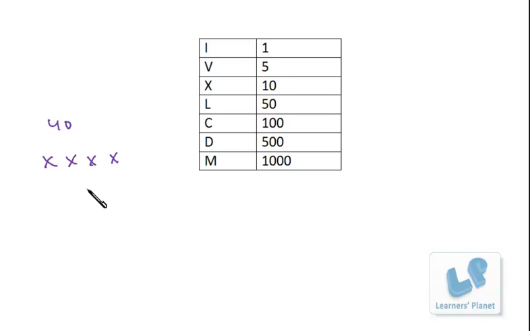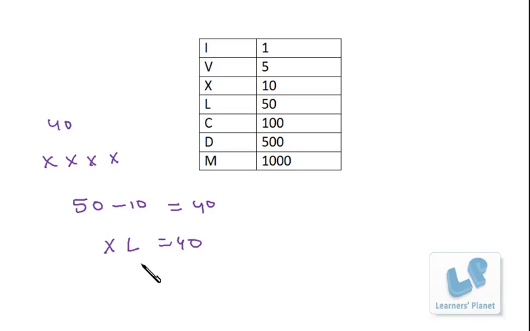And how do we do that? 50 minus 10 is 40. Now what is 50? That is L. If I have to deduct 10 from 50, I have to write X on the left side of L. So XL, that is 50 minus 10, that is 40.